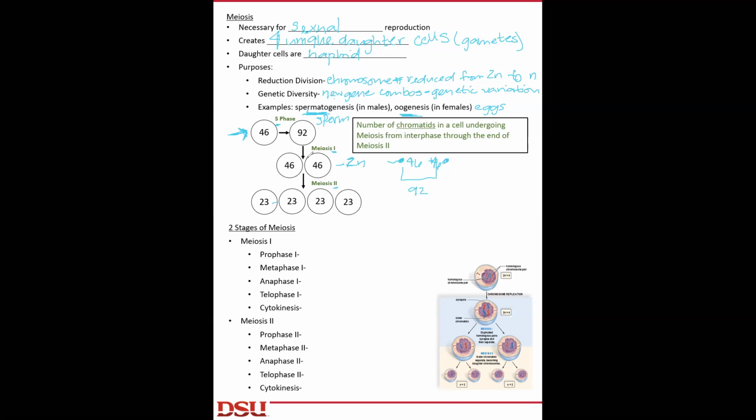So we just go from 46 in the parent cell to 92 in the parent cell because all 46 chromosomes have made copies. The parent cell divides in half once during meiosis 1 to produce 2 diploid daughter cells, or in other words, they both have 46 chromosomes. Those divide a second time in meiosis 2, and at the end, we finally have 4 haploid daughter cells.